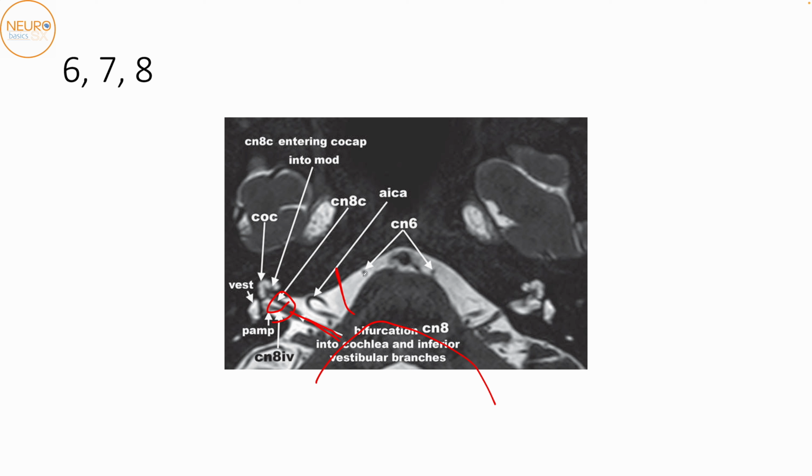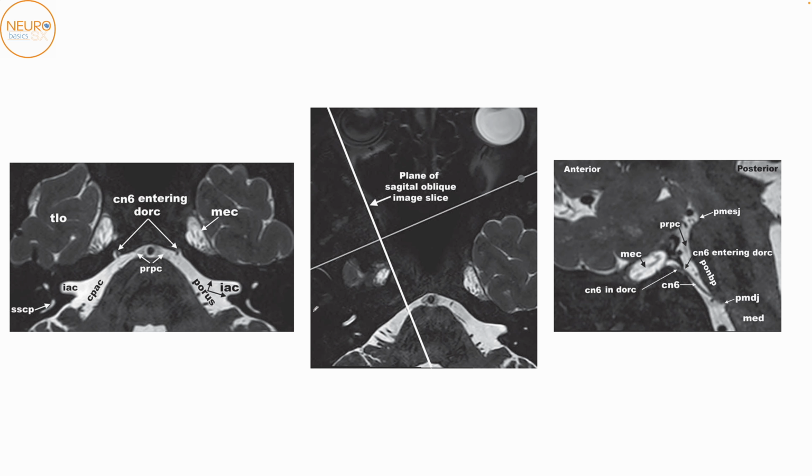A little more medially, a structure sometimes you can pick out on CISS imaging would be the 6th nerve, or the abducens, running lateral to the basilar over here. This loop-like structure here is the AICA, the anterior inferior cerebellar artery.